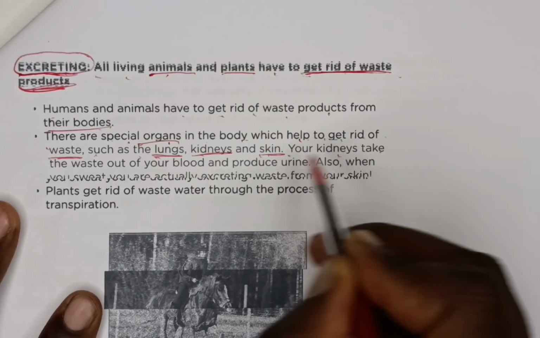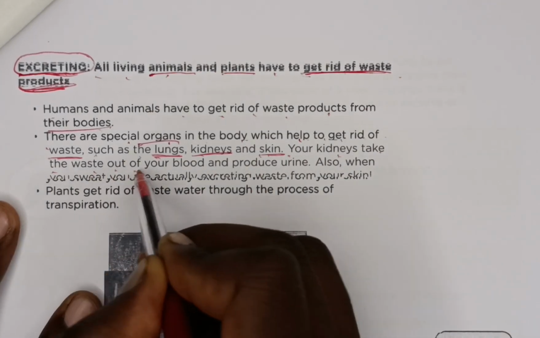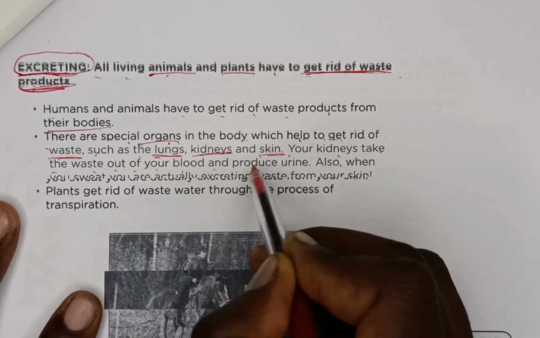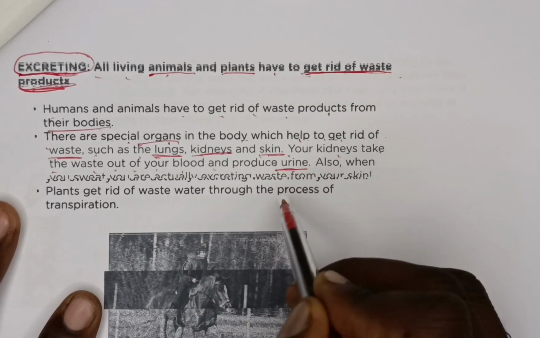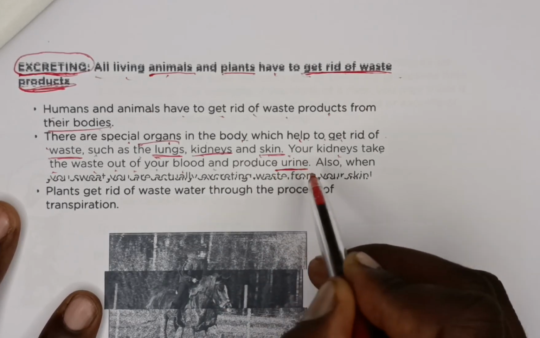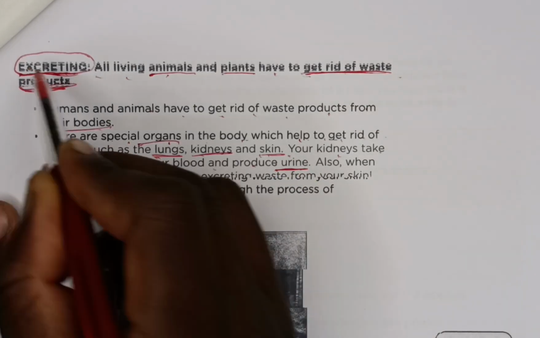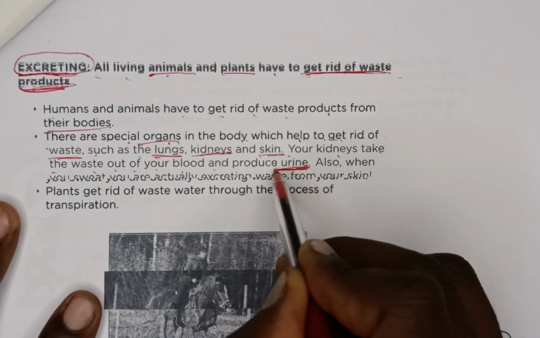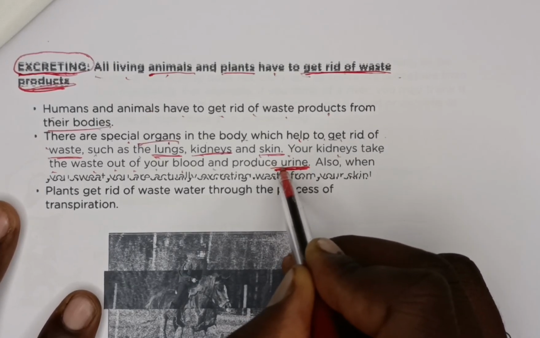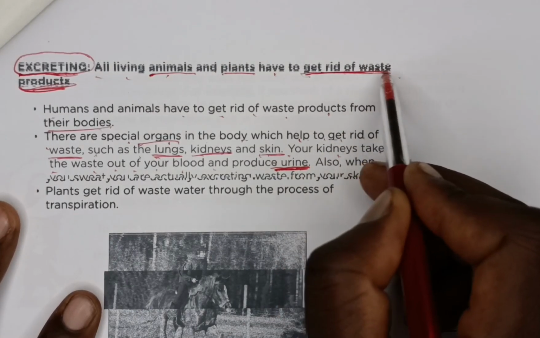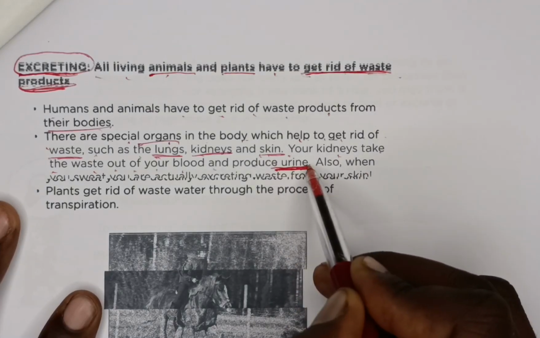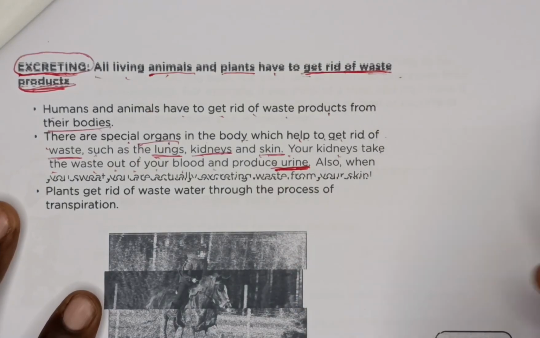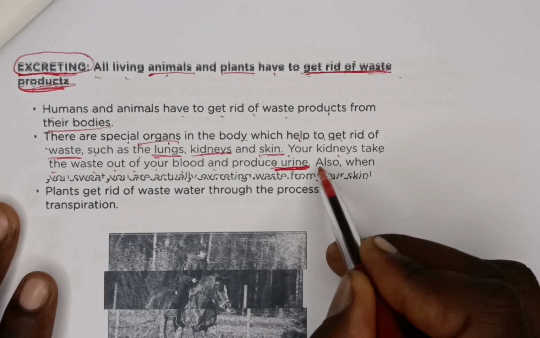Your kidneys take the waste out of your blood and produce urine. So when you urinate, you are excreting, because that water that needs to come out is now waste product. So you are excreting them. You're taking them out.